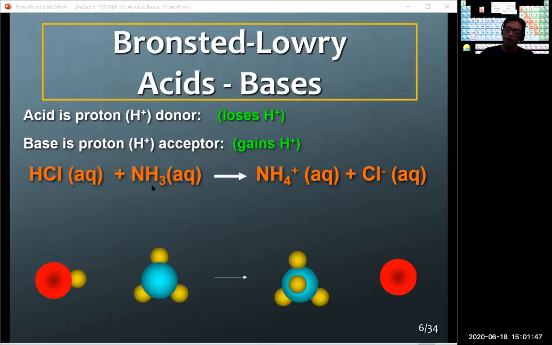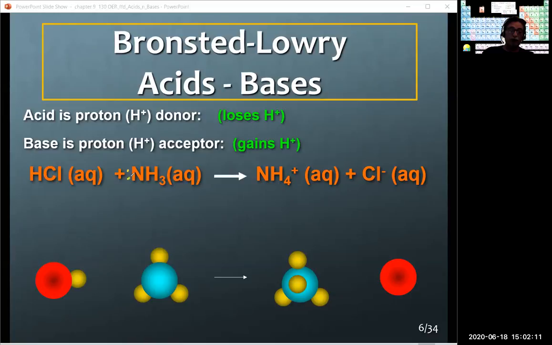So what we have here is ammonia, NH3. Notice that it has nothing to do with hydroxide. The hydroxide definition from Arrhenius, nothing's produced here. But I want you to remember about the lone pair of an ammonia.